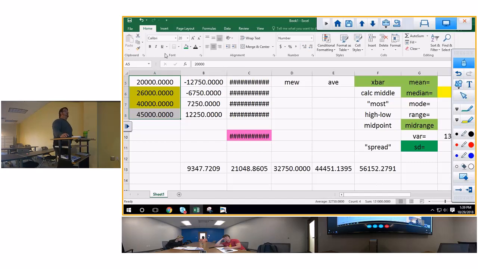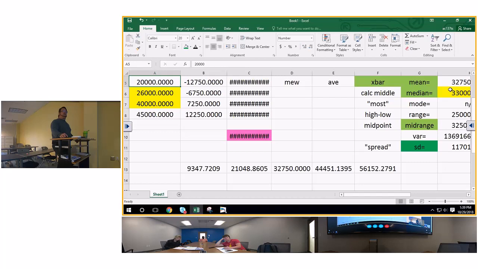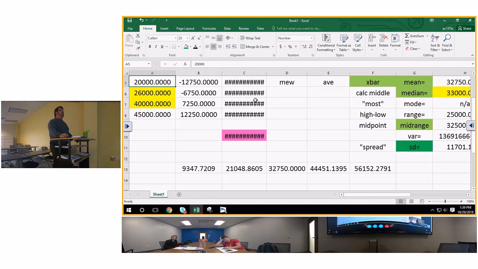Now, you throw one average in there that's way out of kilter, and also let's look at our median and mode. Now we're talking about big numbers here, right? Everybody agree with that? So you got to use a little bit of common sense over here.